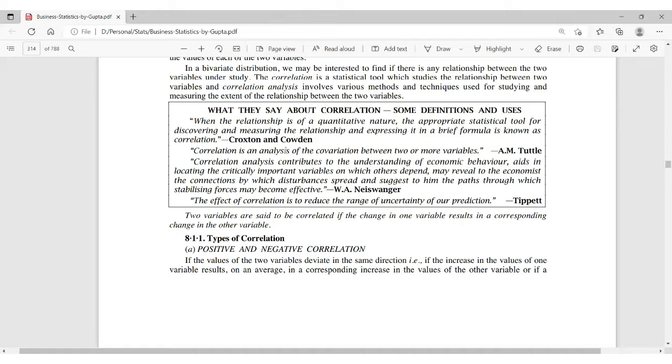Like, we can study the relationship between two variables, right? Let me take a general example.